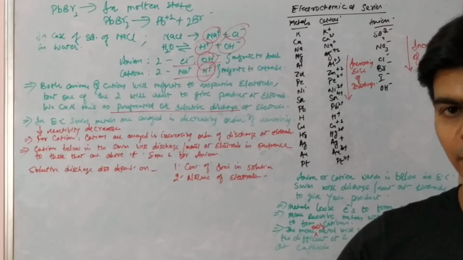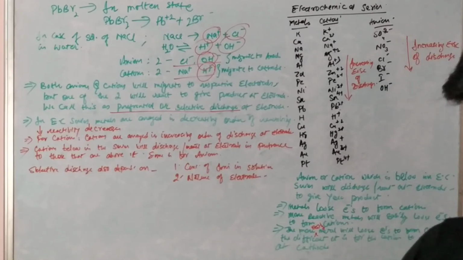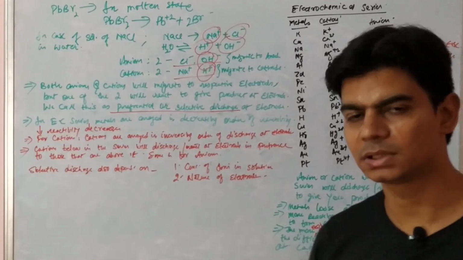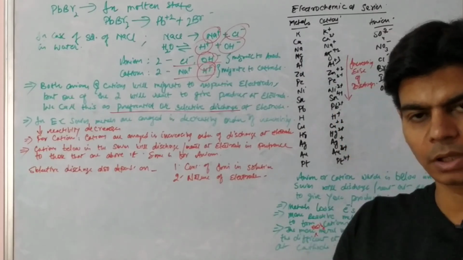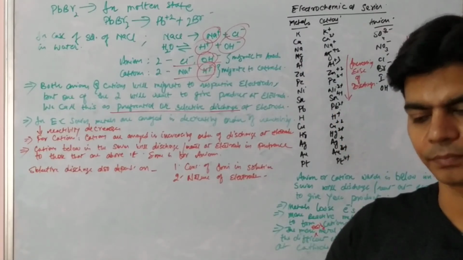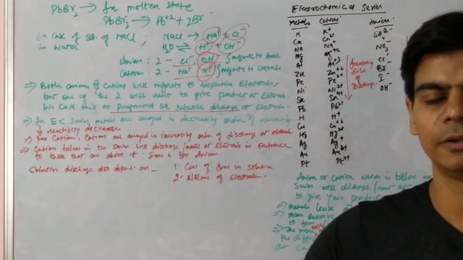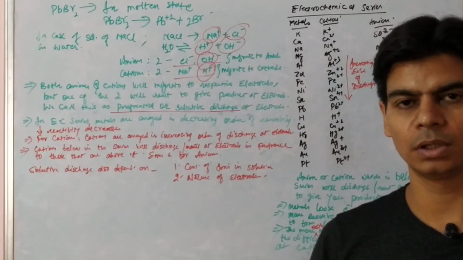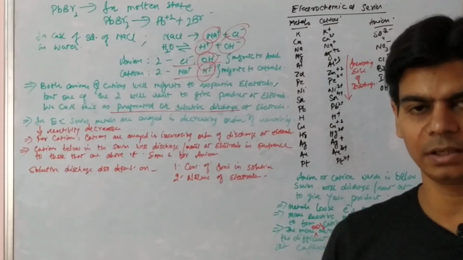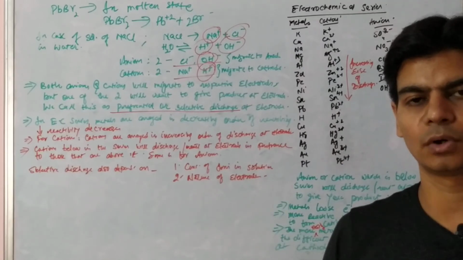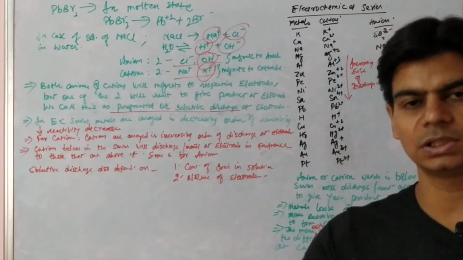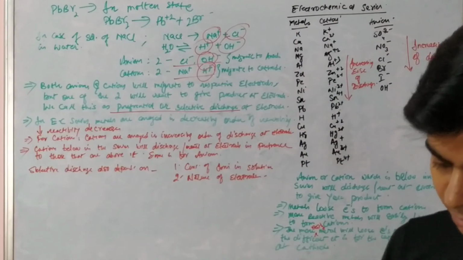Instead, copper will ionize. Don't concentrate on that in this lecture. The product at the anode would be different if we take a copper anode. But if we take a platinum anode in the same electrolysis of copper sulfate, we will get oxygen at the anode.